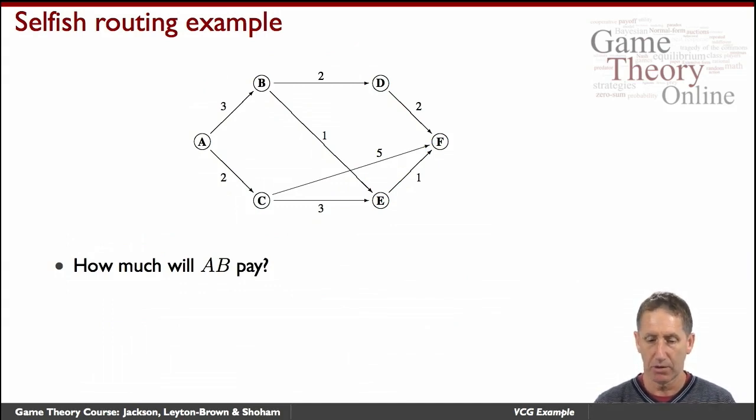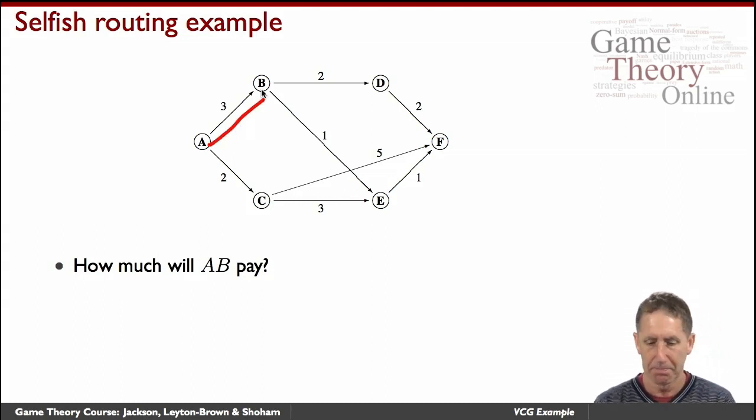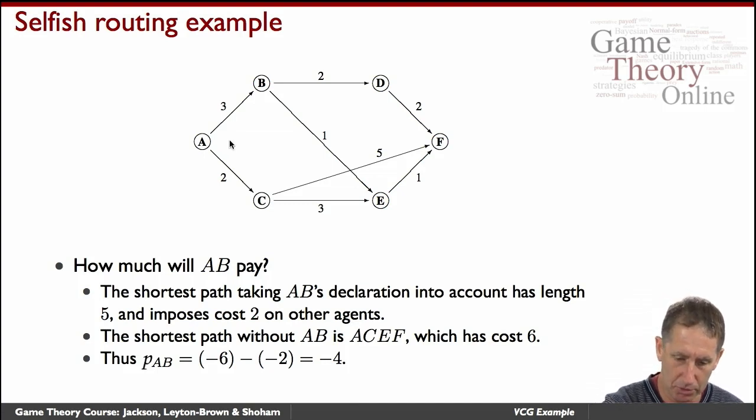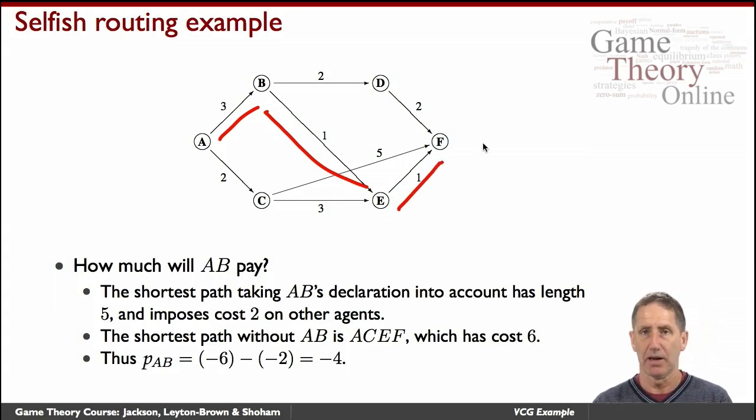So let's look, for example, at one of them, at AB. Well, the shortest path, as we know, is this one. And how much would all agents, other than AB itself, what is the cost on the agents on the shortest path?